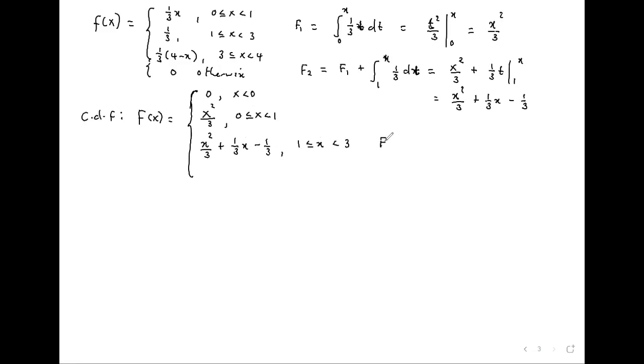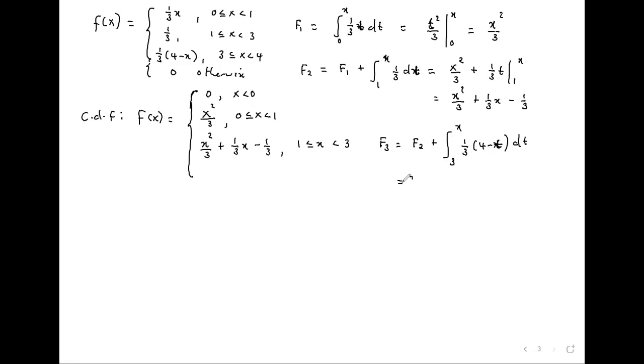To make F3, we'll say F2 plus the integral from 3 to x of 1 over 3 times 4 minus x. Now we change it to t, dt.